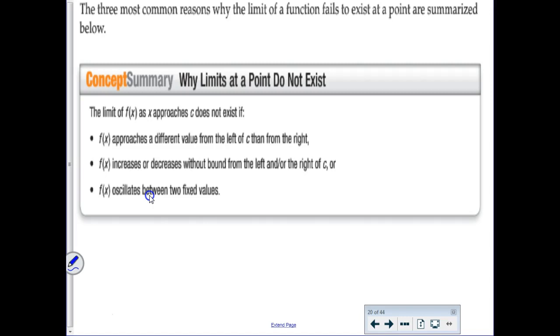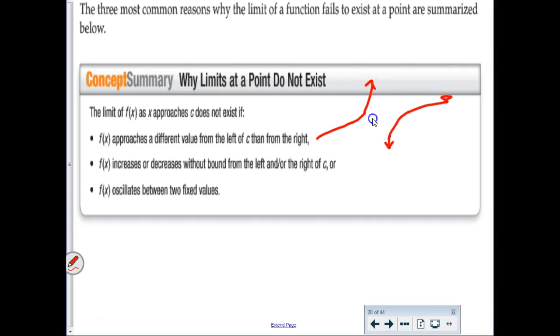That's fine. So why do limits at a point not exist? Here are some reasons. And I think on your homework you're supposed to claim why the limit does not exist. It's one of three things. It's either that the function approaches a different value from the left side than from the right side. So your function is maybe doing this, and then maybe doing this.